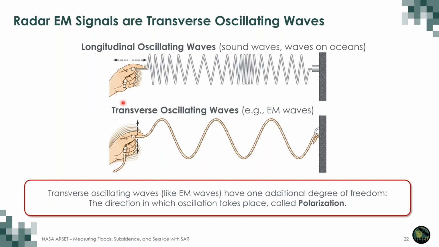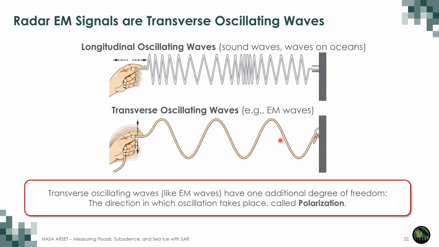But the oscillation is up and down, which is orthogonal to the direction of propagation. This transverse nature of electromagnetic waves means that for these signals, it matters in which plane the signal is oscillating. So the signal can oscillate up and down, like in this case, but it could also be oscillating left-right in a horizontal plane.